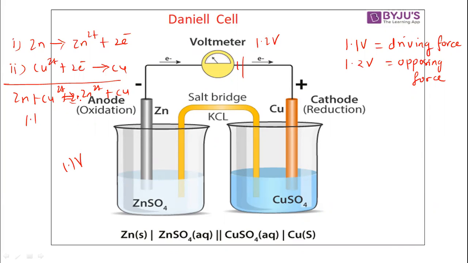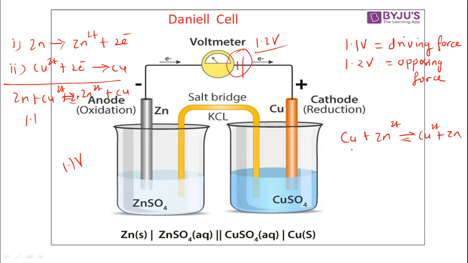But now if the external EMF is greater, the opposing EMF is around 1.2 volt, what happens? The cell reaction will be reversed. The cell reaction will be like this: copper reacts with Zn2+ ion, and there is formation of Cu2+ ion and zinc metal.